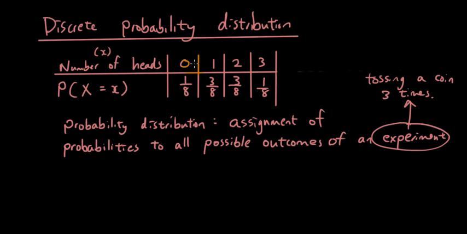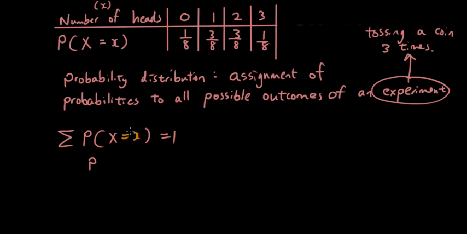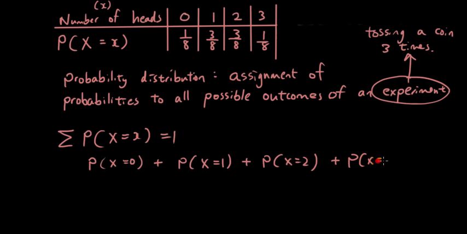Now, one thing that a discrete probability distribution has to satisfy is that the sum of all the probabilities must equal 1. So if you add up all of these probabilities, so the probability of x equals 0 plus the probability of x equals 1 plus the probability of x equals 2, and so on, you're adding up all of these probabilities, so that's the sum.